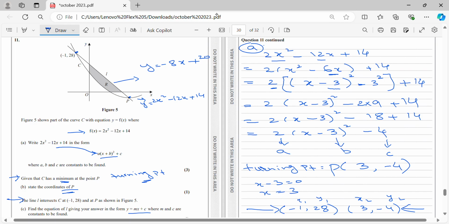Because the shaded region is above the curve, this will be greater than or equal to. And if I look at the straight line, the shaded region is below the line.